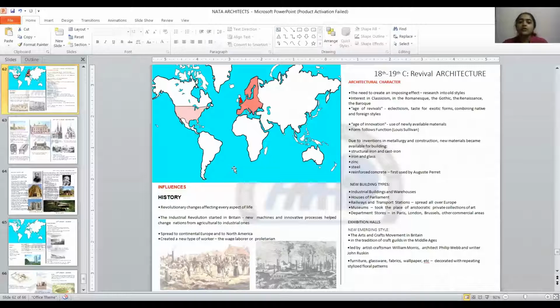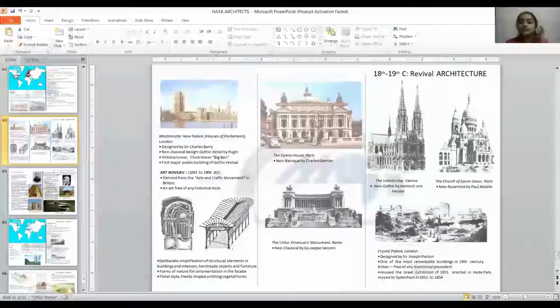They don't need any columns. That is how exhibition halls usually don't have many columns, right? So exhibition halls were very prominent during the revival architecture period. You can take a screenshot of this. These were the prominent buildings in the revival architecture.